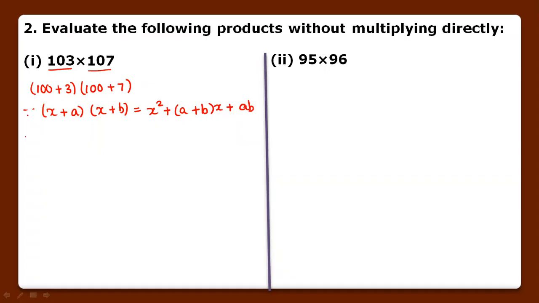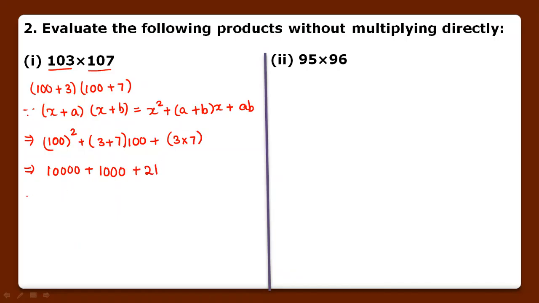Here our x is 100, a is 3, b is 7. x square means 100 square, a plus b means 3 plus 7, into x which is 100, plus 3 into 7. 100 square is 10,000 plus 10 into 100, that is 1000, plus 3 sevens are 21.